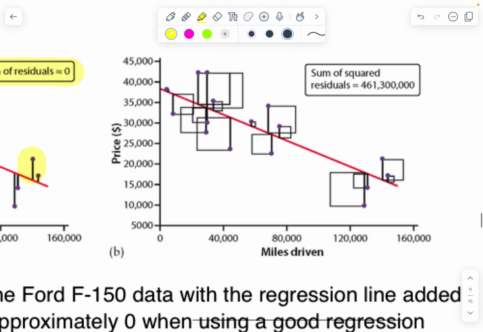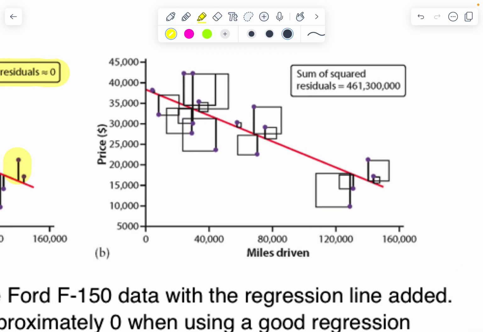So in statistics, we square those differences so everything is positive. Now, if I were to move that red line around, maybe make it flatter or steeper, and we kept track of the sum of the squared residuals, or added up the area of all those squares, we want to make the area of all those squares as small as possible.